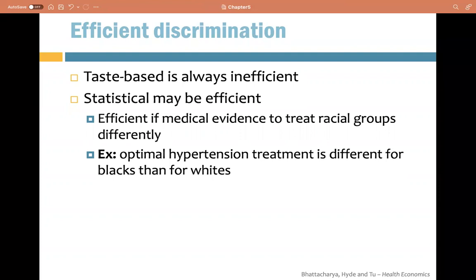For example, optimal hypertension treatment is different for Blacks than for whites. So if a doctor treats a patient based on the tendencies between these two groups, this could be helpful, because some groups can have a certain tendency toward some diagnoses or conditions, and statistical discrimination can benefit that.